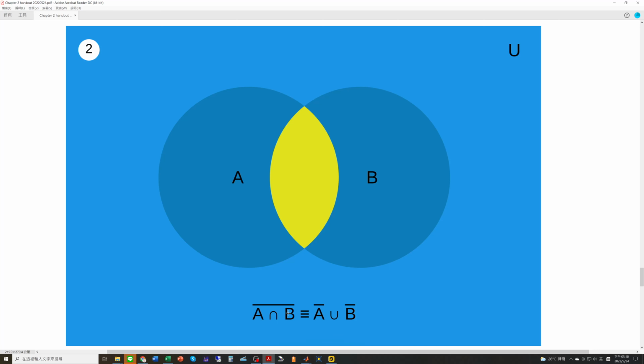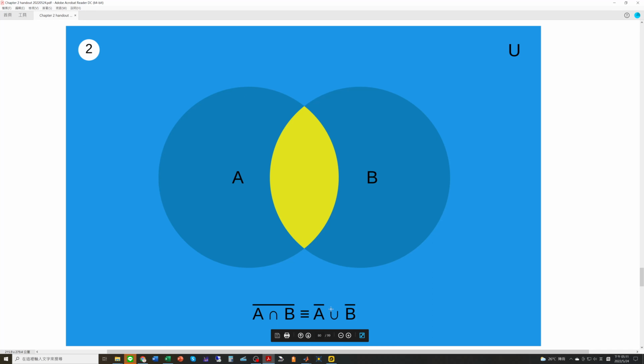This is equal to the complement of A, which is U minus A, that is this rectangle minus this disk. So this is this area.